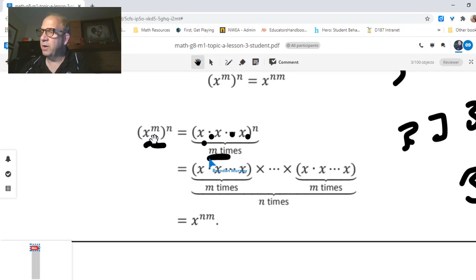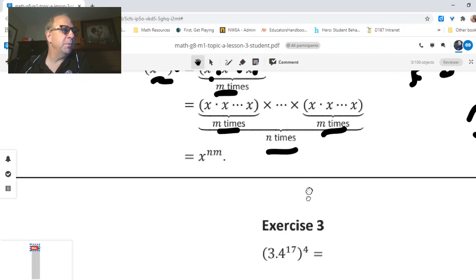And if I do that n times, I'm raising x to the m n times. Okay? That's multiplication. So basically I've got n groups of m.